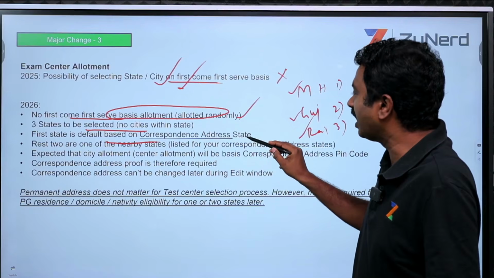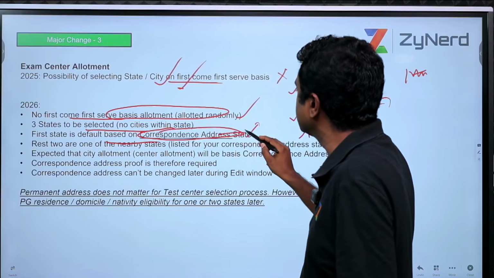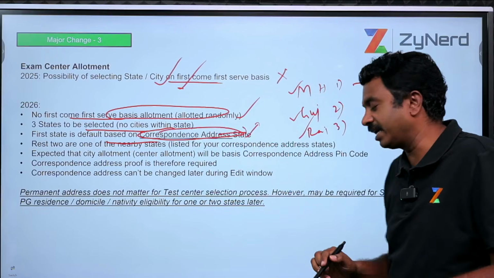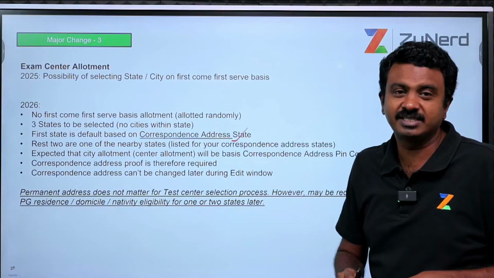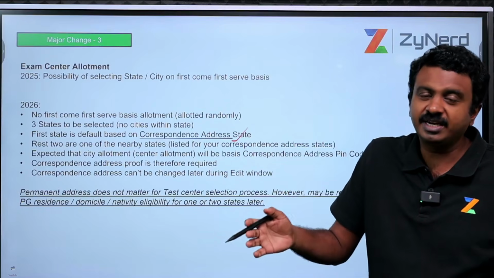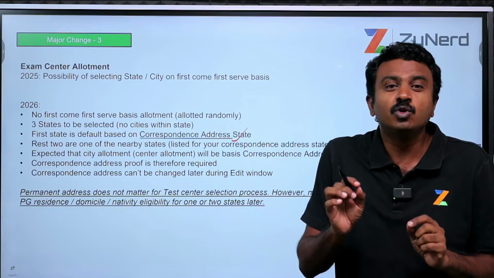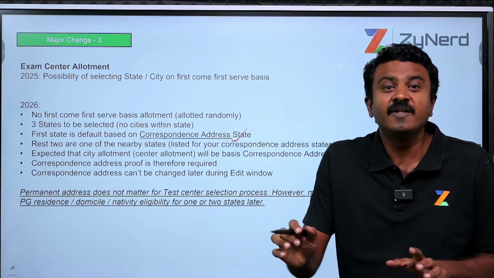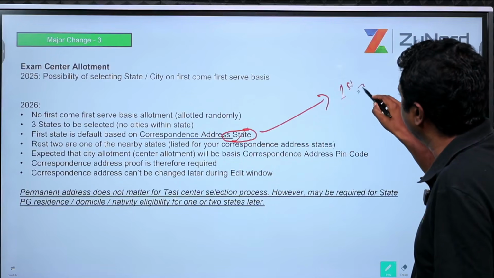Because you want to attend the examination there, you would put in that address in the state where you want to write the examination. Clear? And with the pin code where you want to write the examination. You are traveling for 15 days to a particular place before August 30th. You are having a combined coaching. You are going to write the examination there. That will be your correspondence address state, because this will be the first default state.